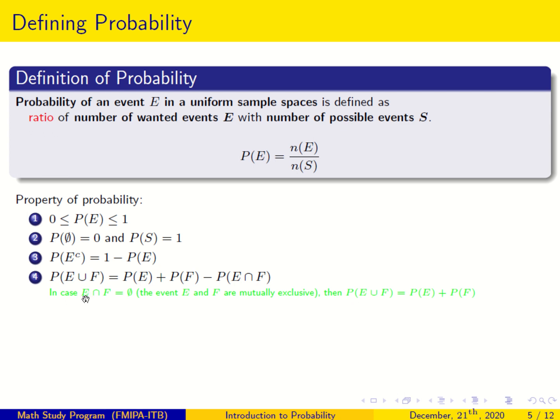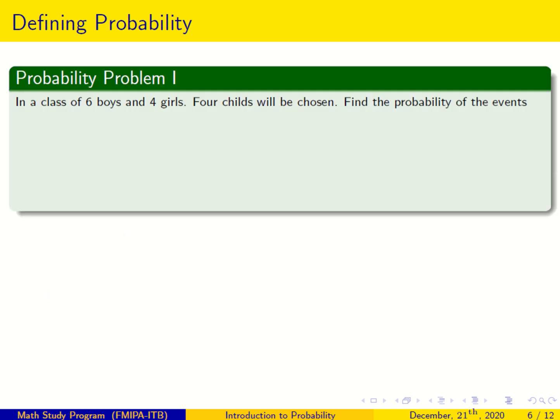In case the intersection of E and F is an empty set, we call the events E and F mutually exclusive, and the probability of the union is just the probability of E plus the probability of F, without the intersection term, because that probability will be 0. Probability can also be defined in other ways, such as relative frequency; you can read about it thoroughly in the textbook.